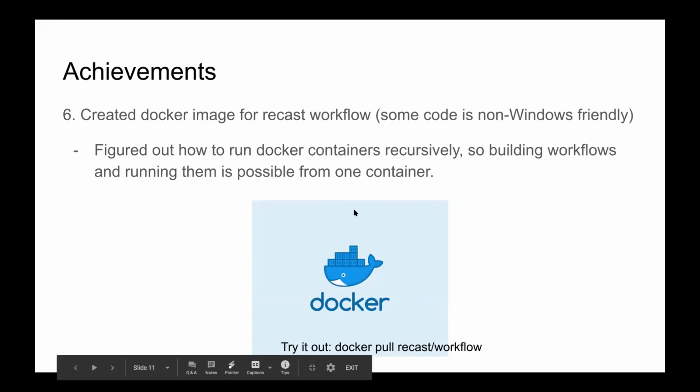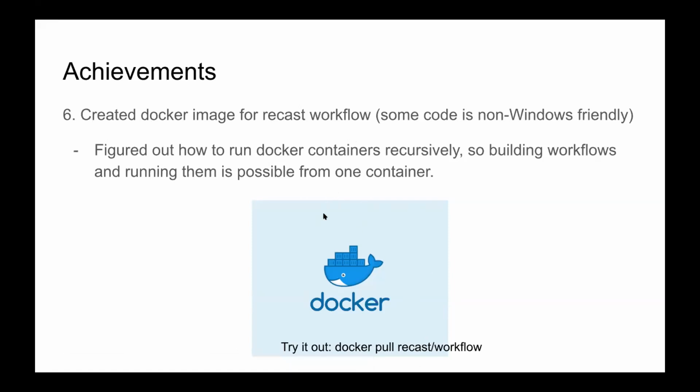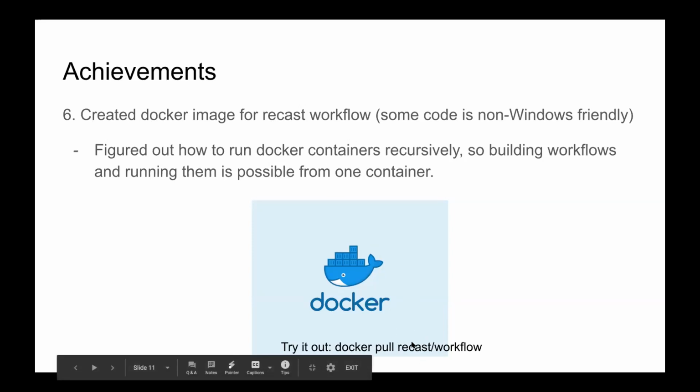It comes pre-installed with Recast-workflow, so you don't have to run the one command you need to install it, but it has some other useful stuff as well. This is mostly for Windows users who can't really use Recast-workflow in their normal computer environment.